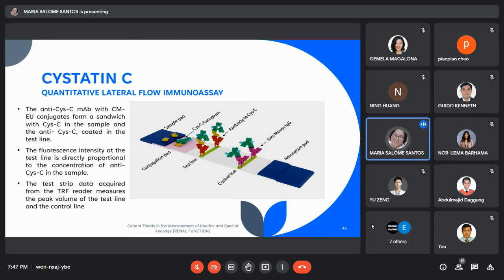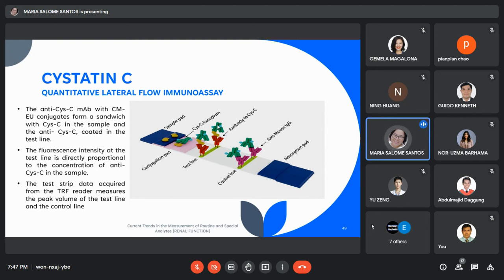The anti-cystatin C monoclonal antibody with carboxylate modified europium conjugate forms a sandwich with cystatin C in the sample, and the anti-cystatin C coated in the test line.